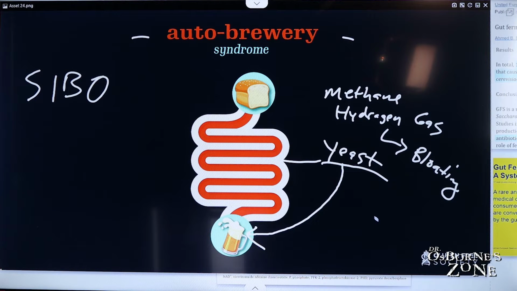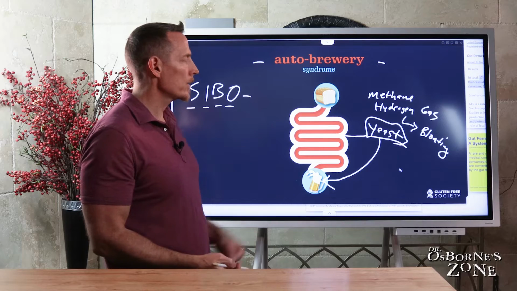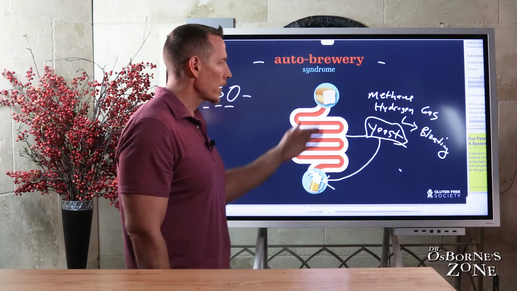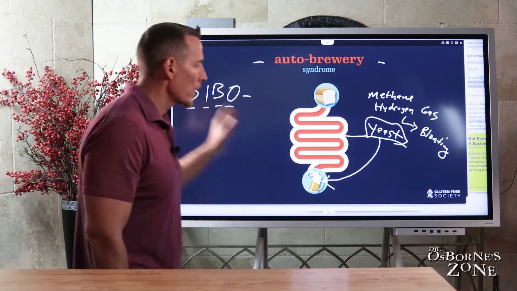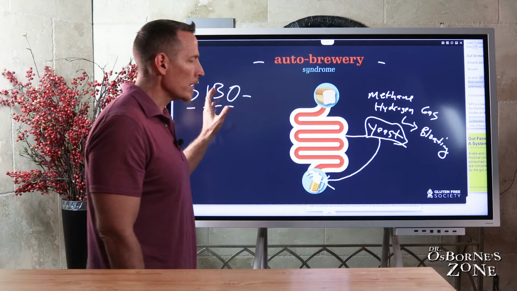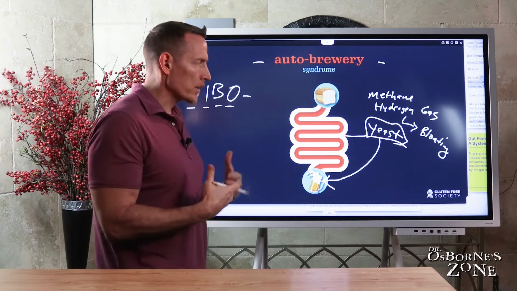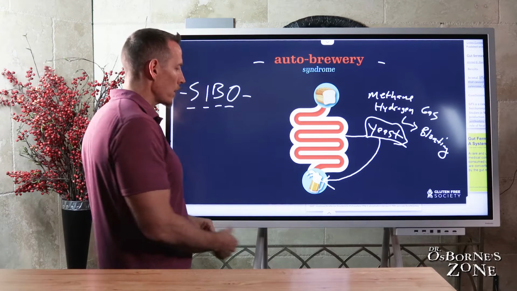SIBO stands for small intestinal bacterial overgrowth. And a lot of times I see this as a misdiagnosis when in fact that person has not a small intestinal overgrowth of bacteria, but a small and large intestinal overgrowth of yeast colonization. And so we're getting that same kind of symptomatology that we might see in SIBO, which is heavy IBS, with gas and bloating, intestinal distension, etc.